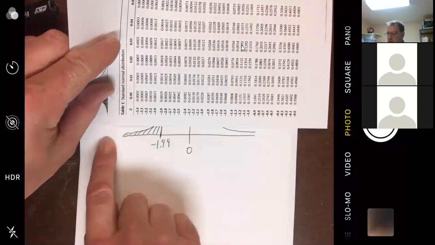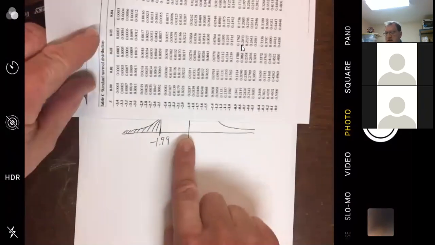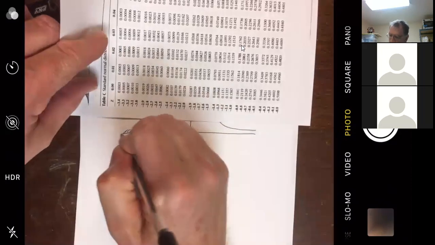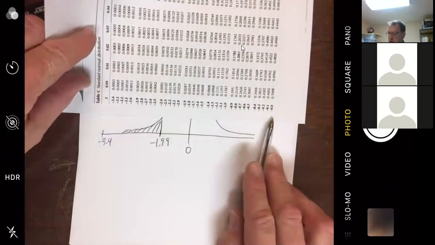They're giving you the Z numbers right along the axis, until you hit 0 here, which is actually in the center. So it's really being labeled from negative 3.4 to 0.